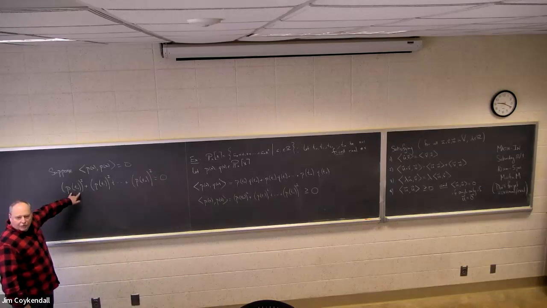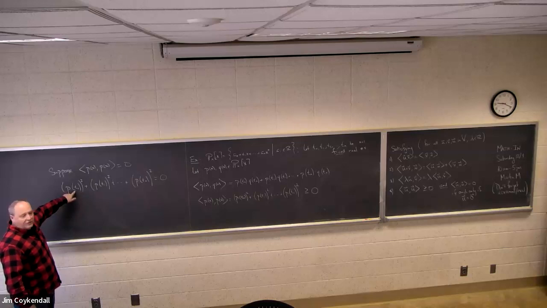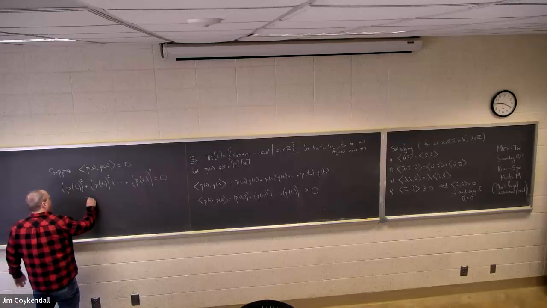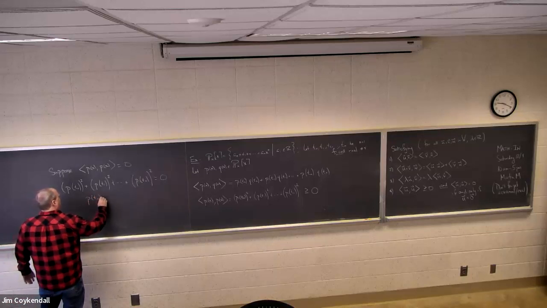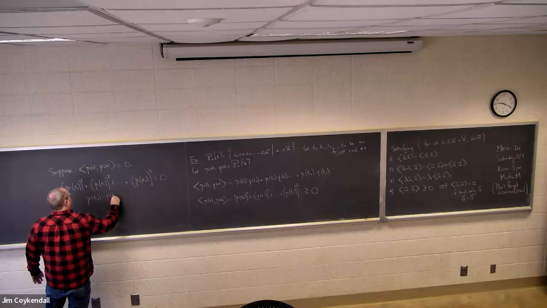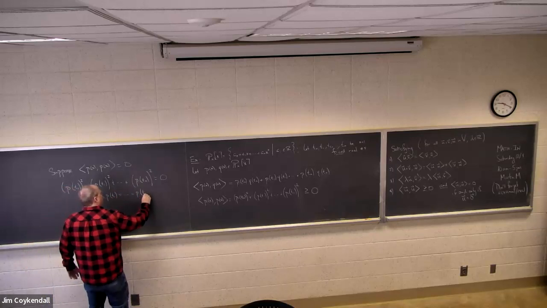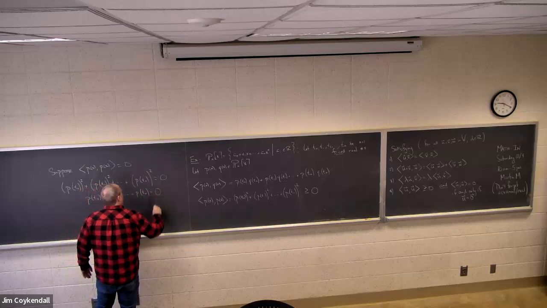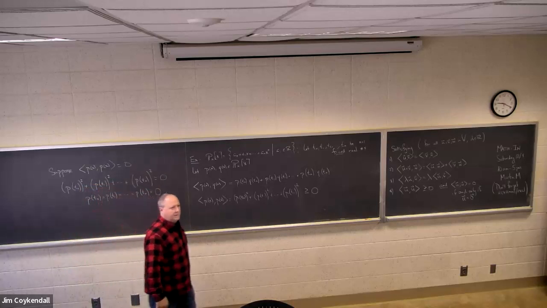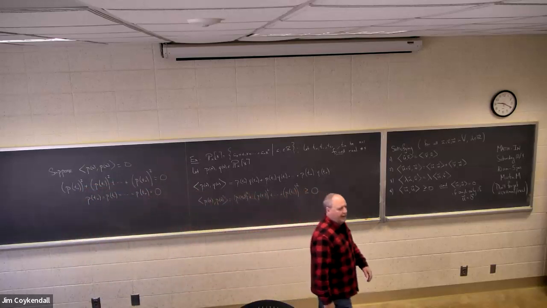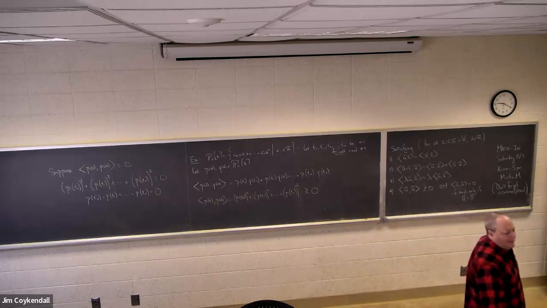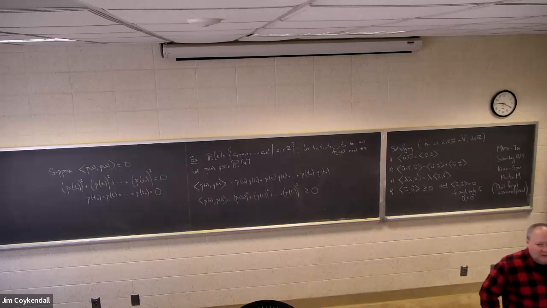You're squaring a whole bunch of numbers and getting zero. That means none of these can be nonzero, because otherwise you're going to be bigger than zero. So you have to have P(T0), P(T1), up to P(Tn), all zero. That must happen. Everybody agree with that? Can somebody tell me a conclusion you can come to?